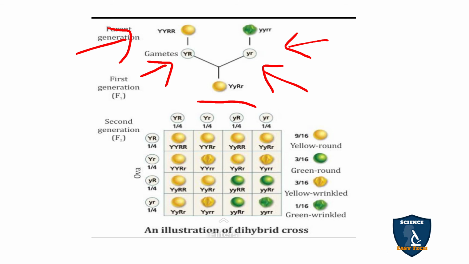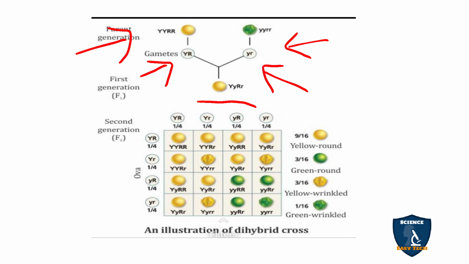So this is the phenotypic ratio of the dihybrid cross. 9:3:3:1 adds up to 16, totally 16 boxes.